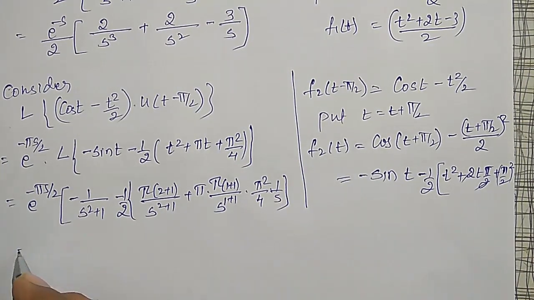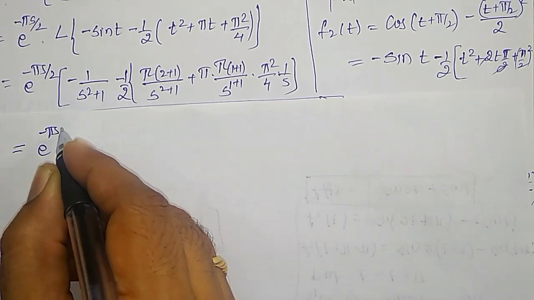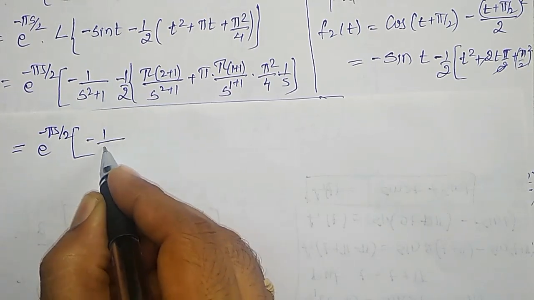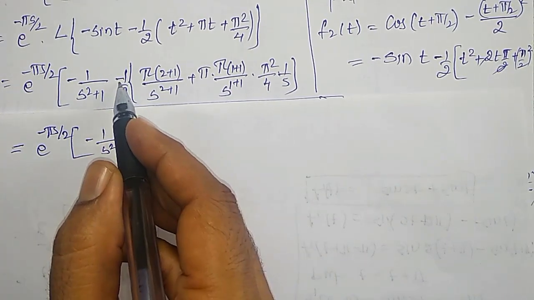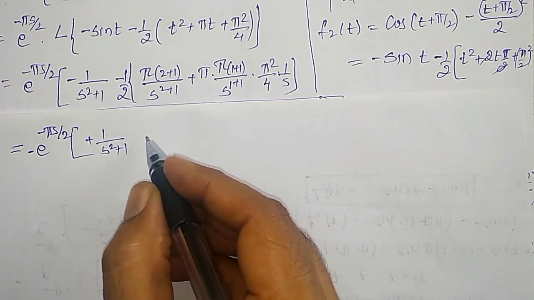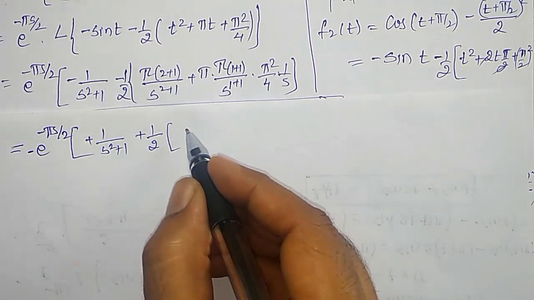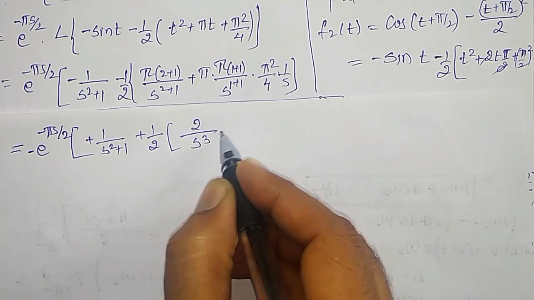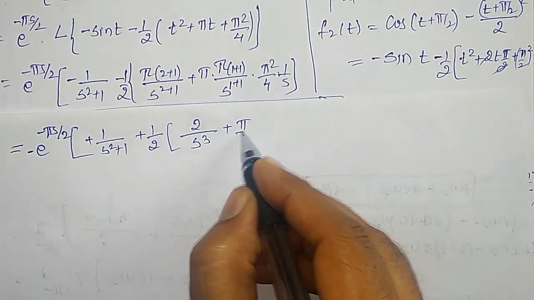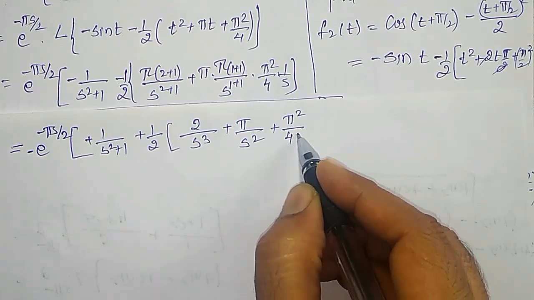Let me simplify this. Okay, next step is e to the power minus pi s divided by 2 into minus 1 divided by s square plus 1, or you can take this minus outside, I can write here plus minus, and multiplying this 1 by 2 inside, later I can multiply 1 by 2 into gamma function of 2 plus 1, 3 is 2 factorial, 2 factorial is 2, 2 divided by s cube plus pi into gamma function of 2 is 1 factorial, that is 1 divided by s square plus pi square divided by 4s.